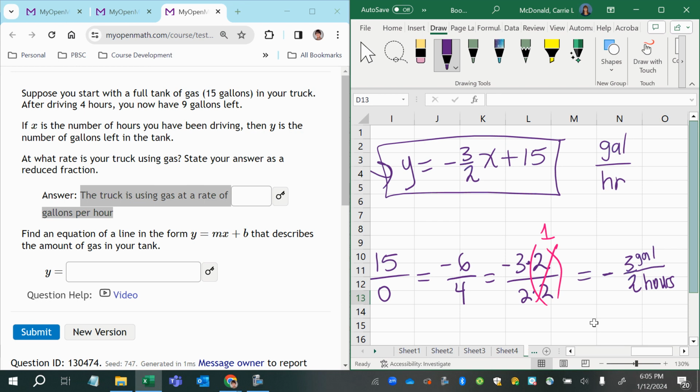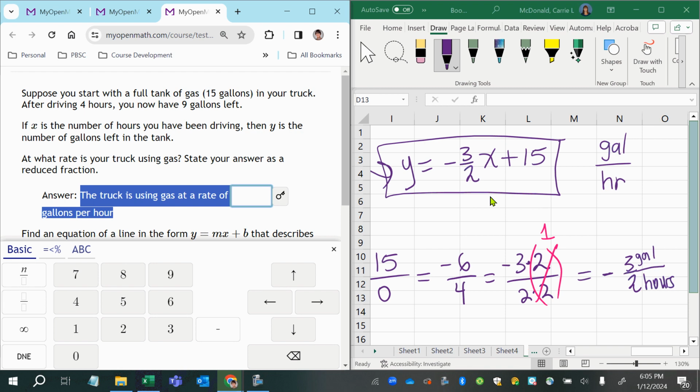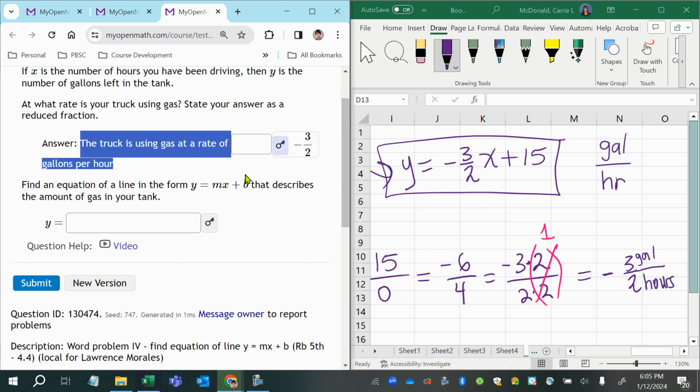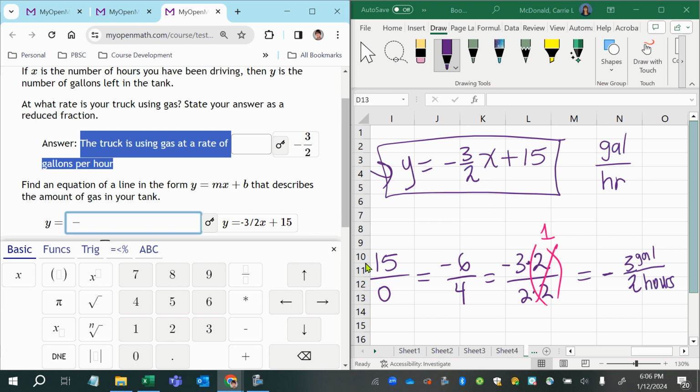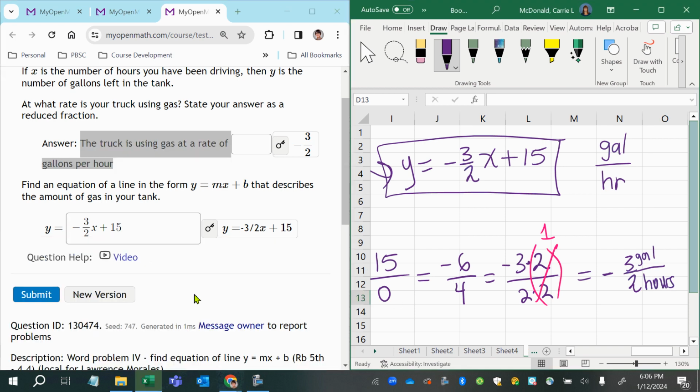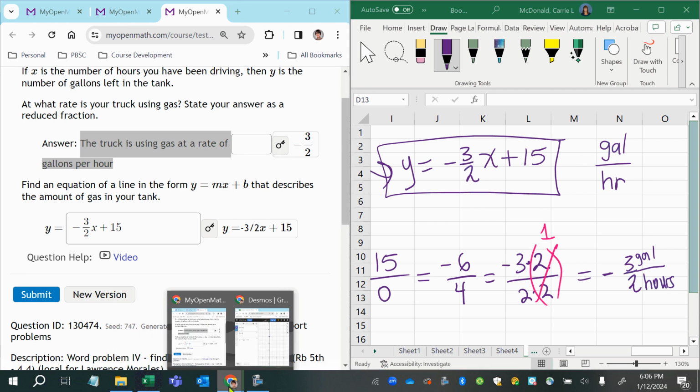Gallons per hour. Okay, so that is going to be our slope, and in the equation of the line, we put that slope next to x, and then add on the y-intercept. And we can do one more thing to kind of verify that all of this makes sense. I highly recommend graphing.